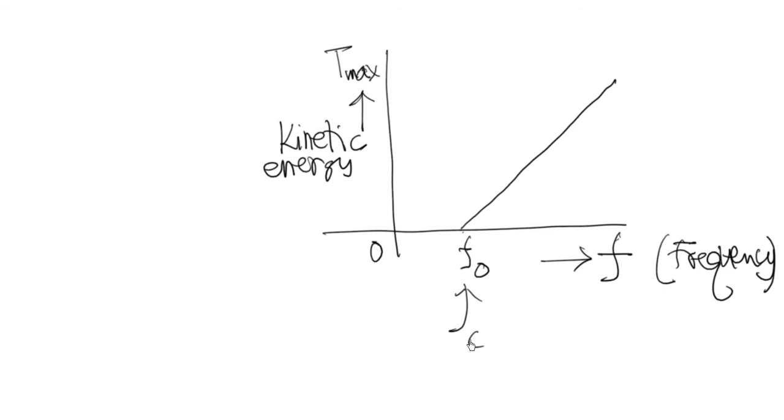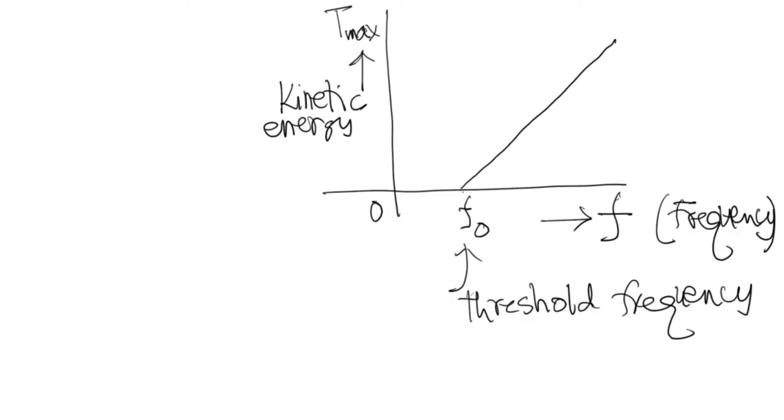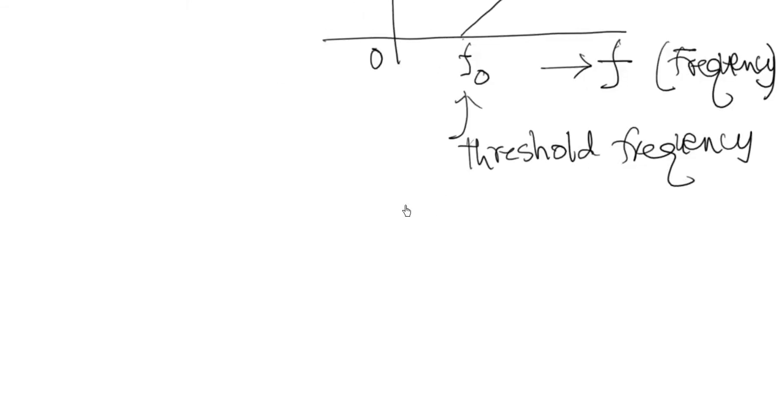This is known as the threshold frequency, and this threshold frequency is different for different metals.